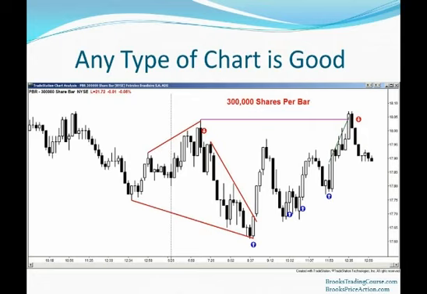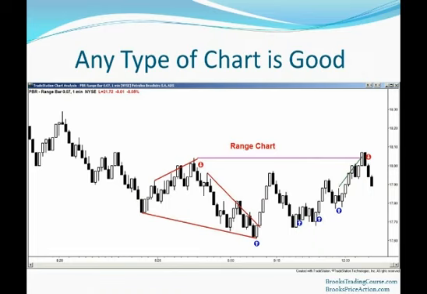Okay, here's another version of the chart where there are 300,000 shares per bar, and again the price action is the same. Here's our range chart. This is a range chart of the same 5-minute chart of Petrobras PBR, and again the same basic structure is present on this chart as was present on the other charts.